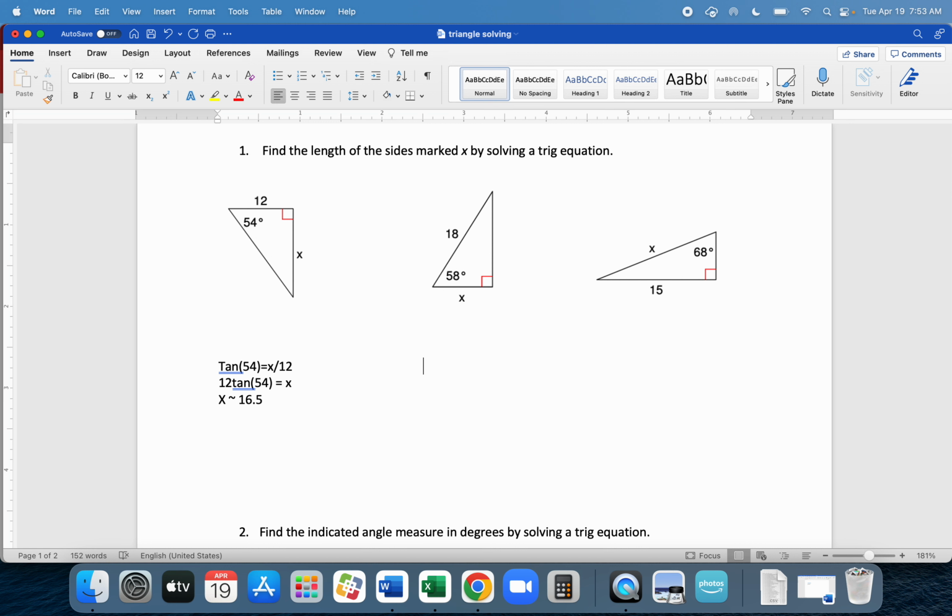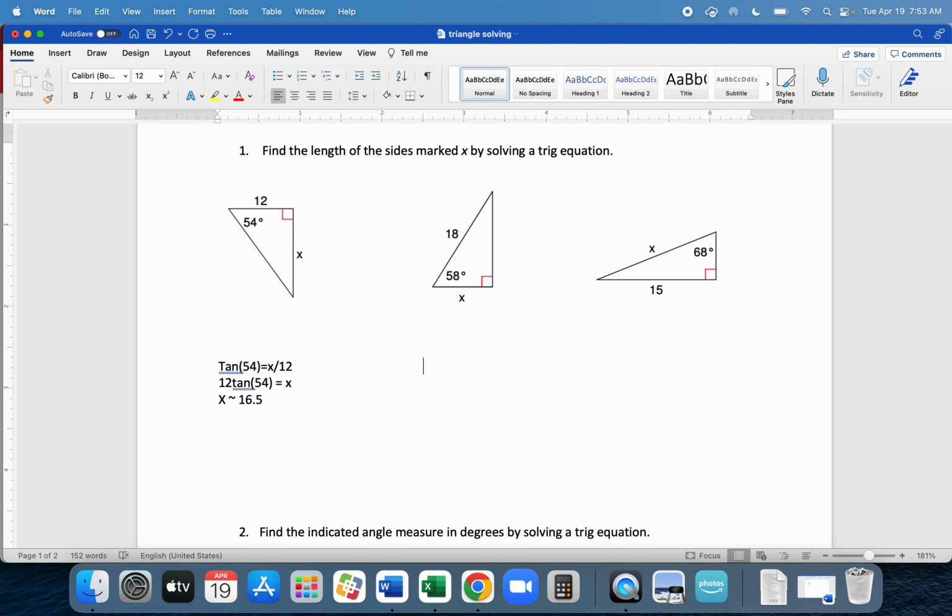All right, so for the middle one here, that's actually drawn very much like an angle in standard position. I've got this angle between a horizontal and a diagonal with the right angle out to the right there. So imagine that same picture, but change that to a 58.